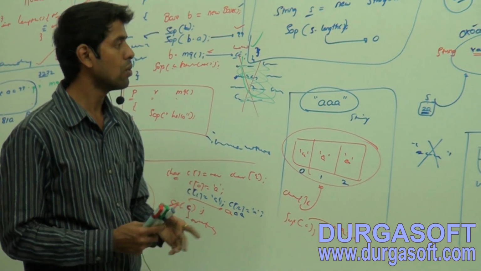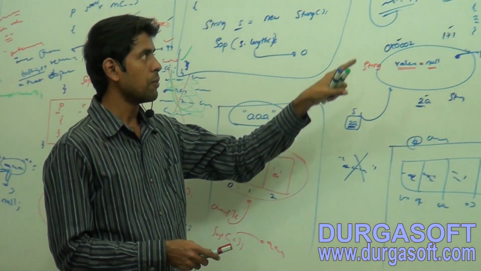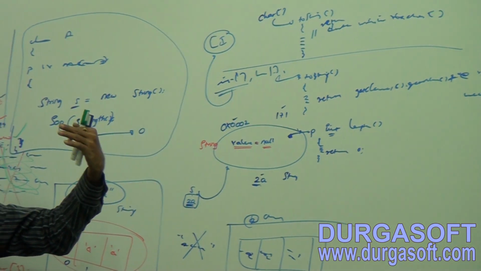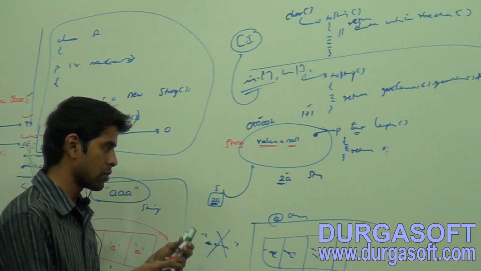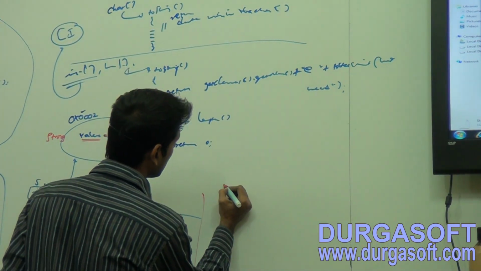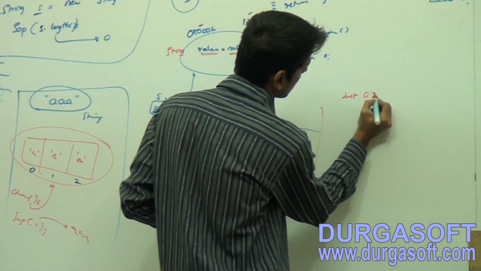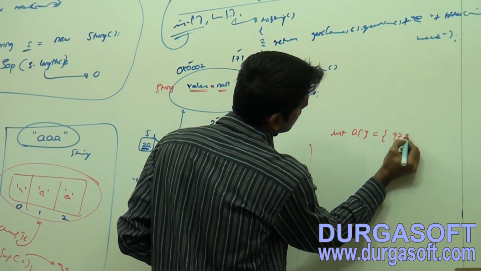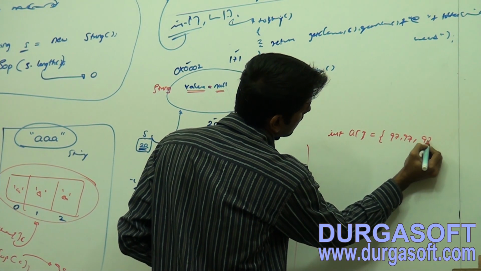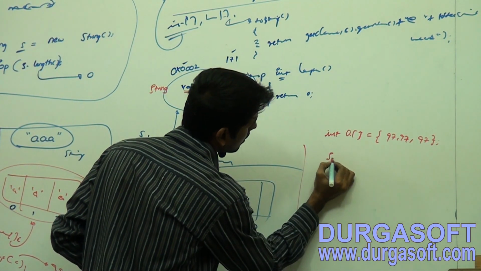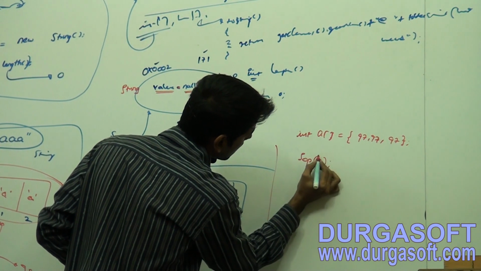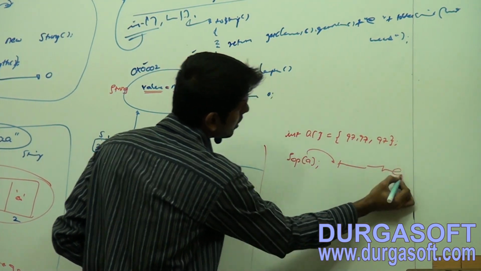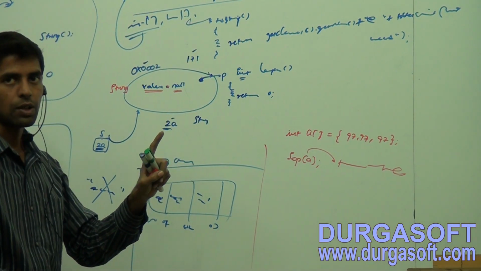Now let me do one small thing. Within int array, byte array, take anything, friends. Now int a array equals 97, I'm doing. Now SOP of a. Internally the toString method will be called by JVM.